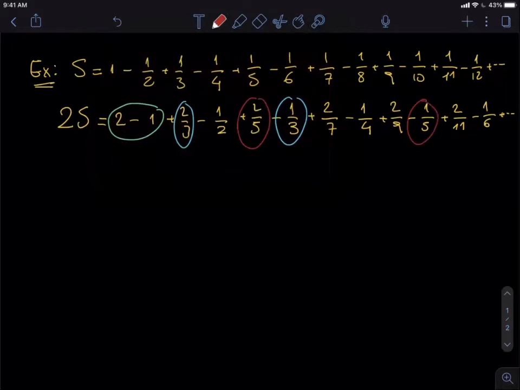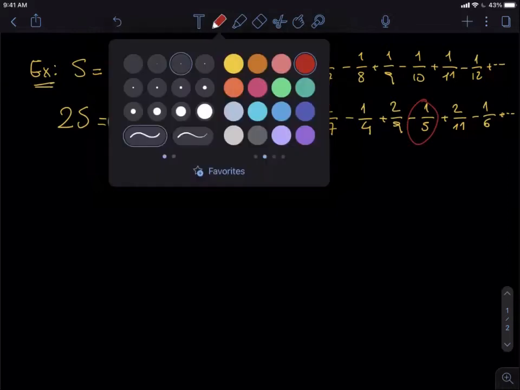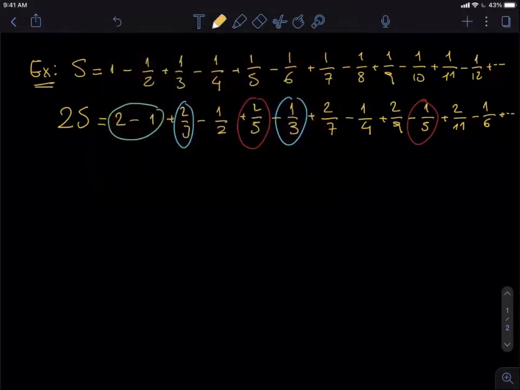And so on. Actually only 2. And what we can do, we can rewrite, collecting terms with the same denominator.